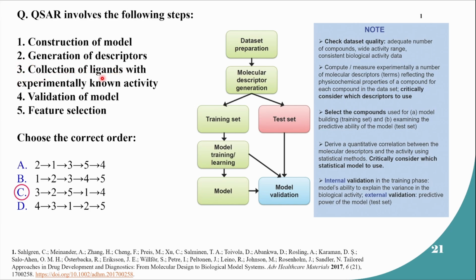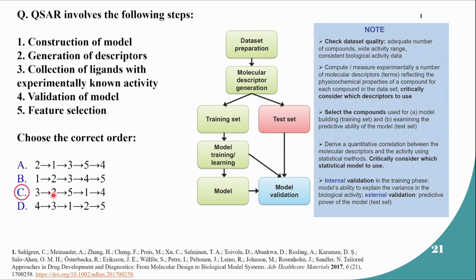So collection of ligands with experimentally known activity. So the experimentally known activity data we need to collect, and then following that, we need to generate the descriptors. Now these descriptors will be kind of the parameters in a way that will define the ligands, basically the structure of the ligand, the geometry of the ligand, and so on. So those will be categorized as descriptors, different descriptors, right?